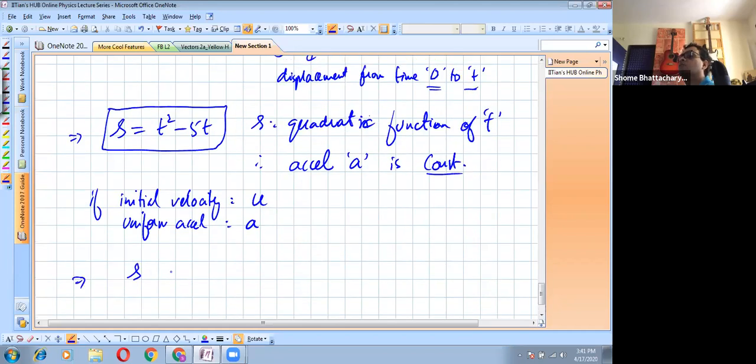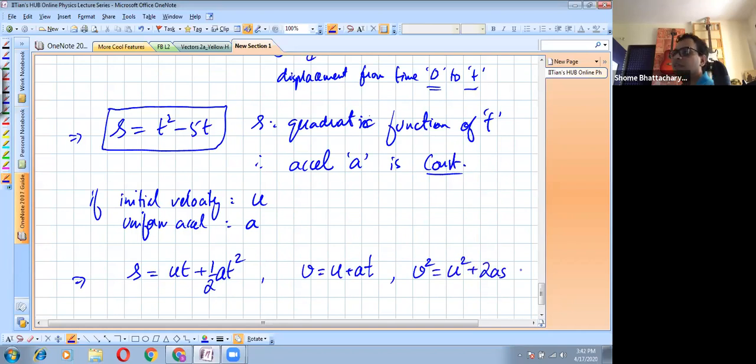Displacement is equal to ut plus half at square. And what is the function of velocity as a function of time? It is u plus at. And you also have the corollary third equation that if you eliminate time between these two, you get the equation v square is equal to u square plus 2as.